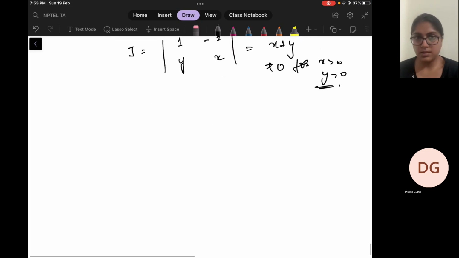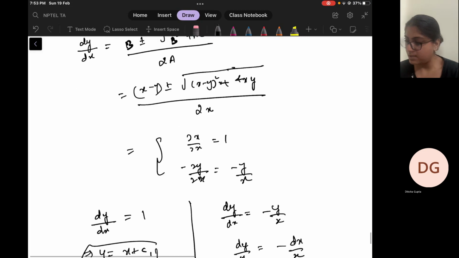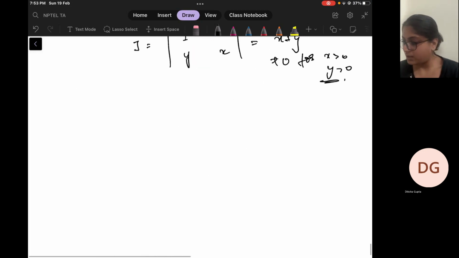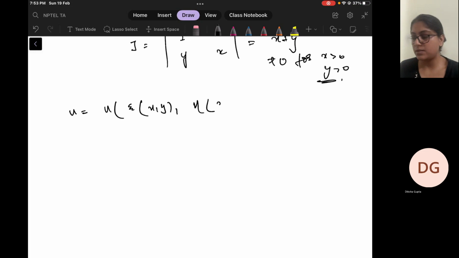Now you can see that we have to calculate all these values to put in the equation, so I'll write it down as I have already calculated these. So u is equal to u of epsilon, eta, where epsilon and eta are functions of x and y.